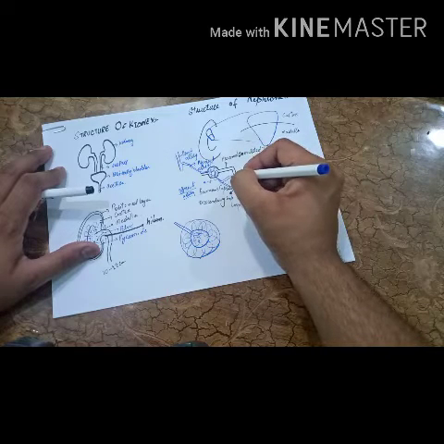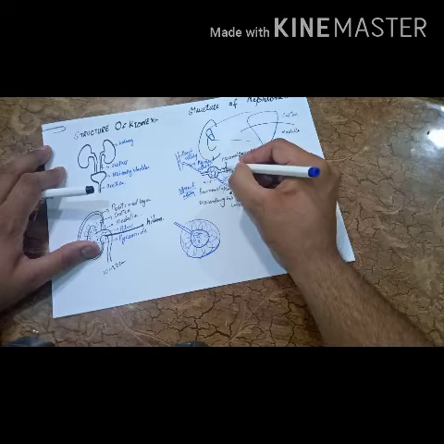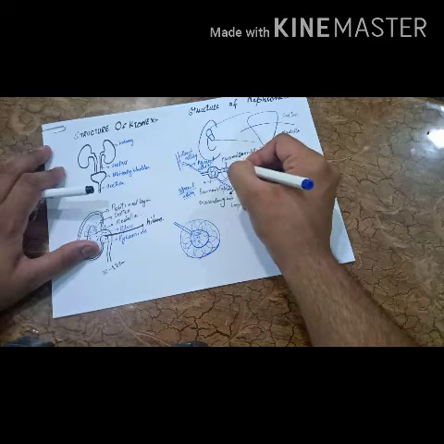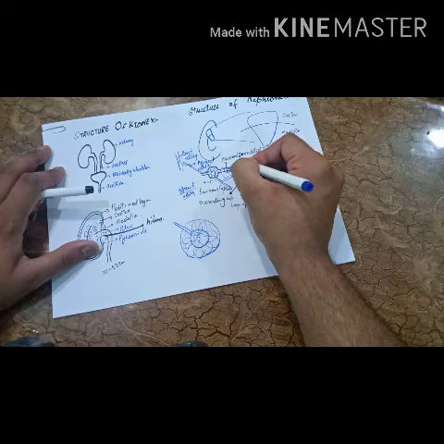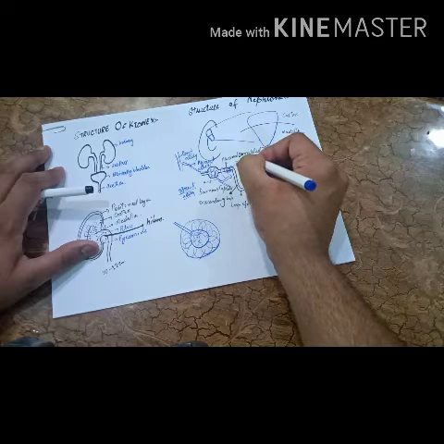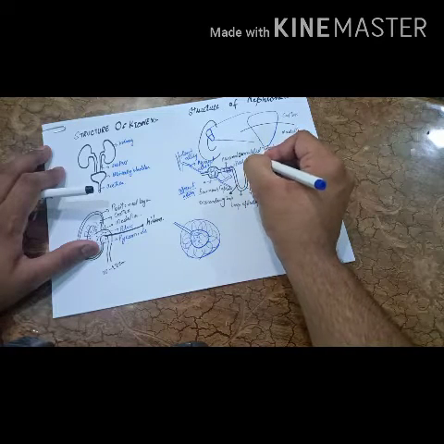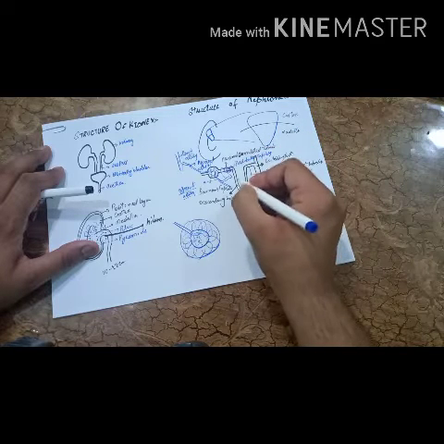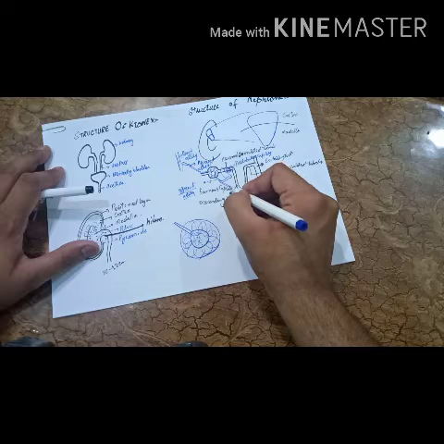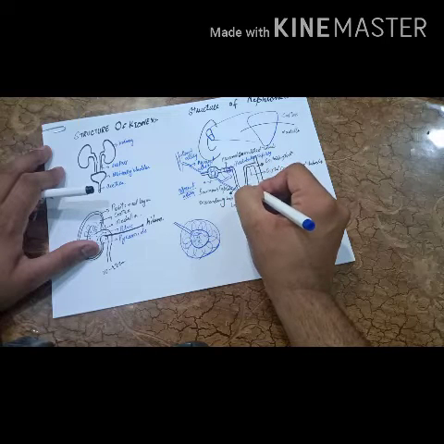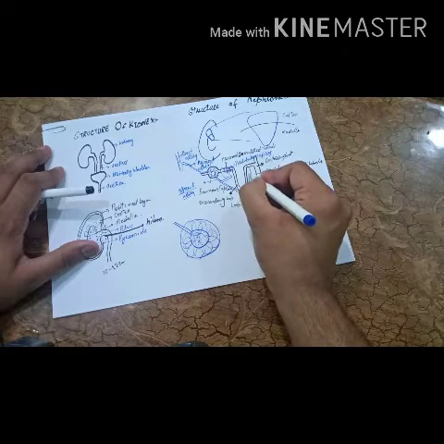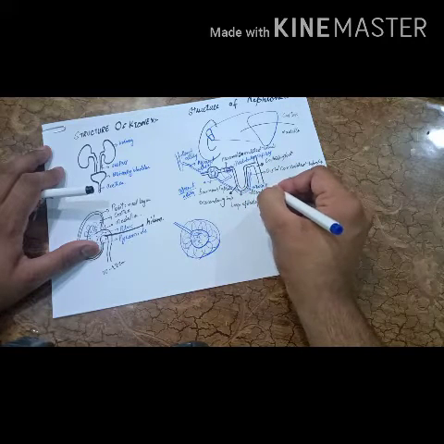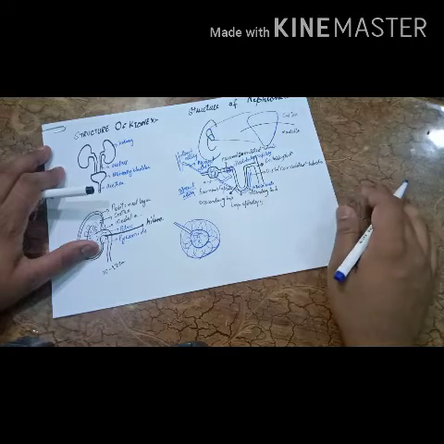The artery which runs around the proximal convoluted tubule is called peritubular capillary, while the branch of efferent artery which runs parallel to the loop of Henle is named as vasa recta. ठीक है.